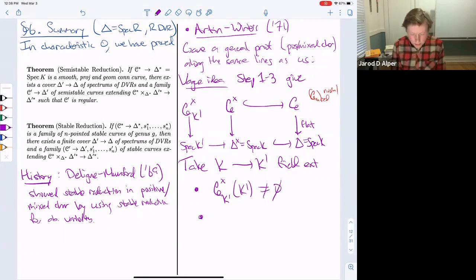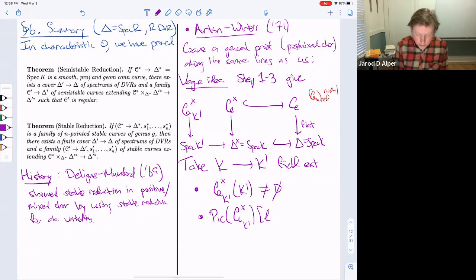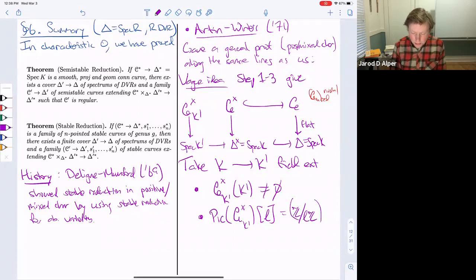And maybe more importantly, you can arrange that the Picard group's L-torsion, for a large enough prime L, is just 2g copies of Z mod LZ for L sufficiently big.